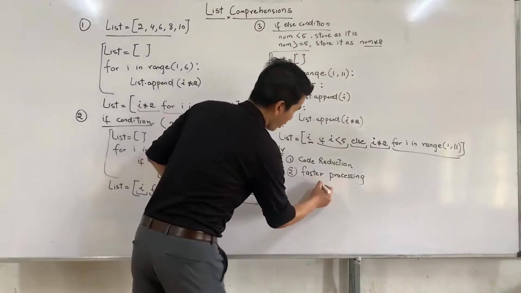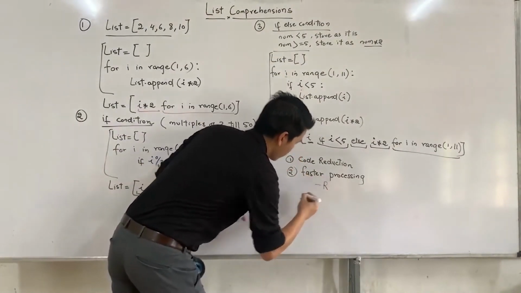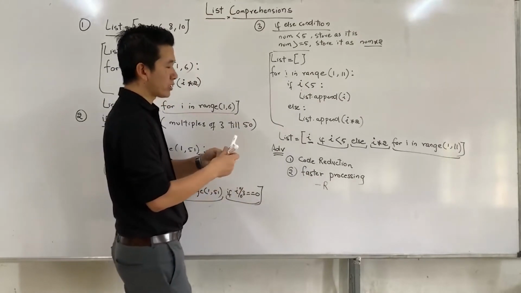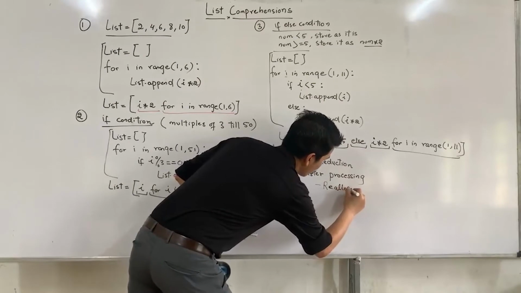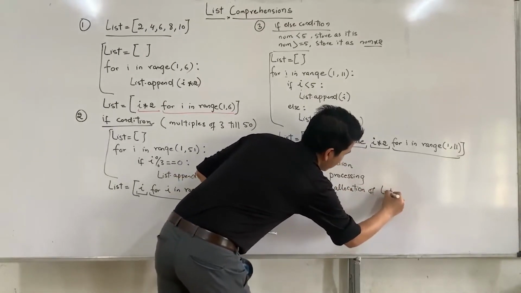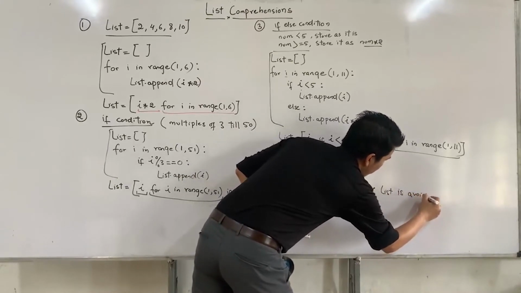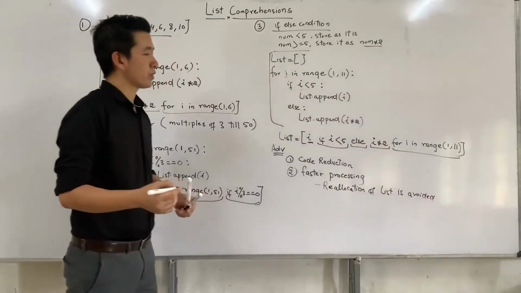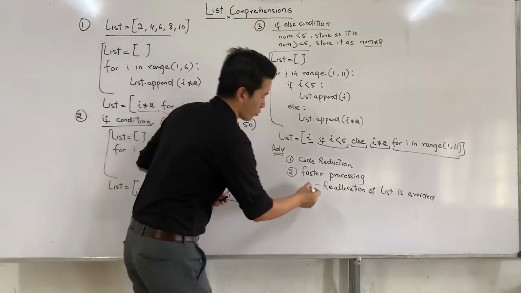So over here, reallocation. Perhaps through this term you'll be able to remember. Reallocation of list is avoided. Okay, this is just my explanation, but if you could look at the textbook, there will be a proper reason.